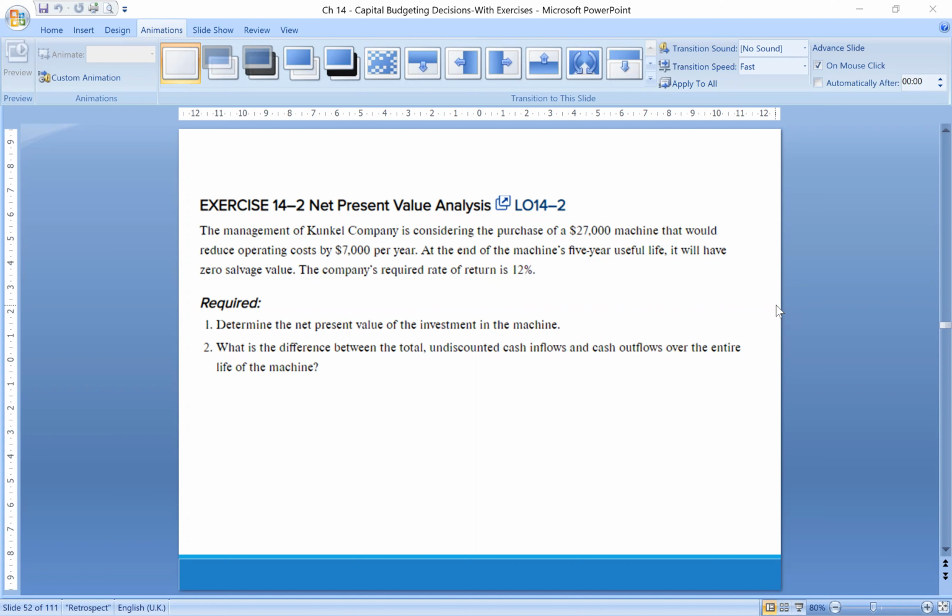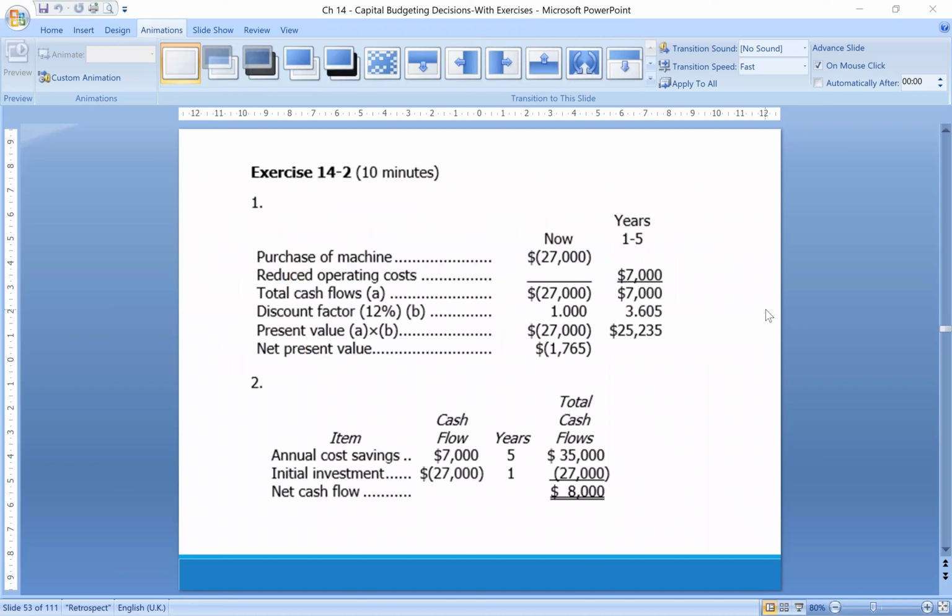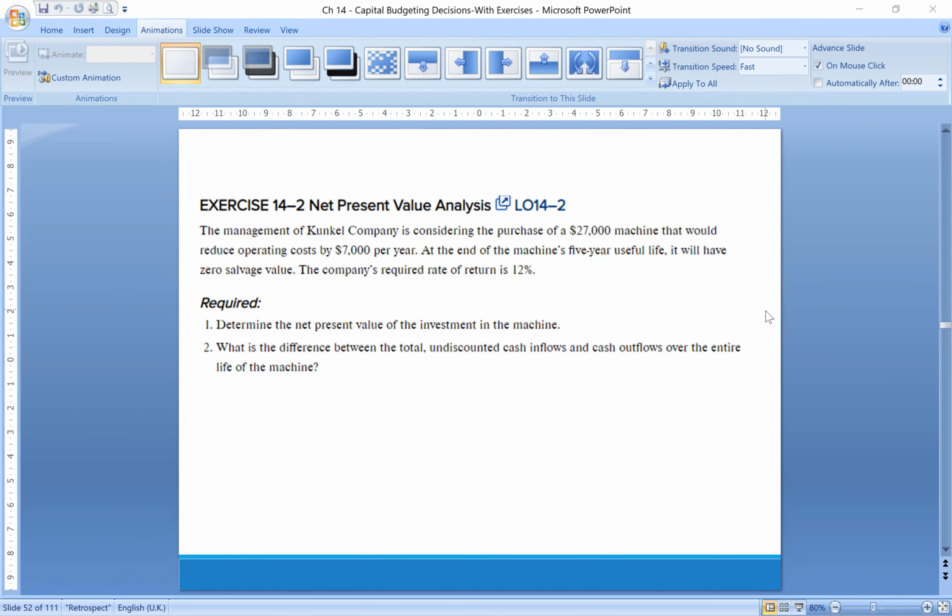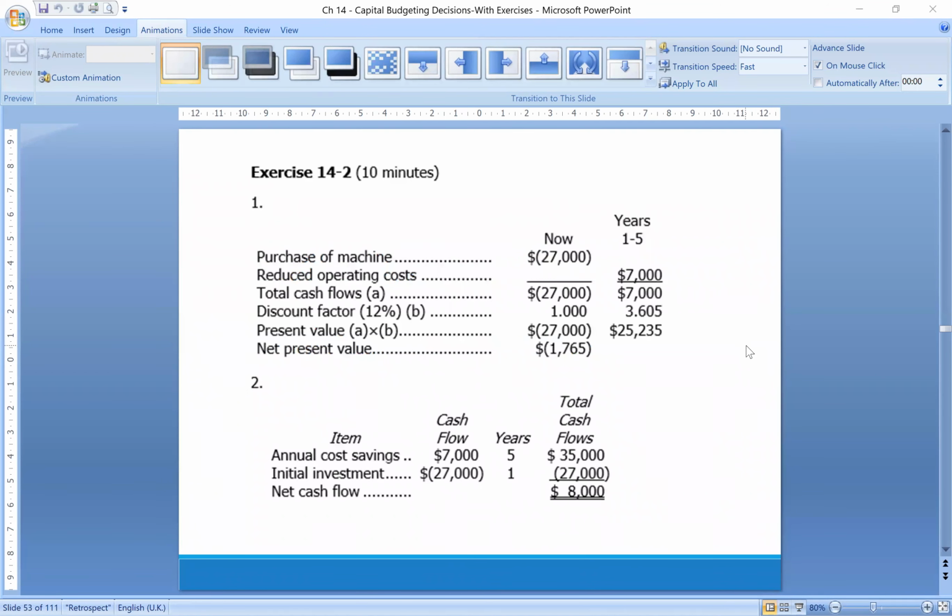What is the difference in number 2? What is the difference between the total undiscounted cash inflows and the cash outflows over the entire life of the machine? Suppose that we have no inflation, let's say. So what is the difference between the total amount and the cost of the machine? 35 minus 27.